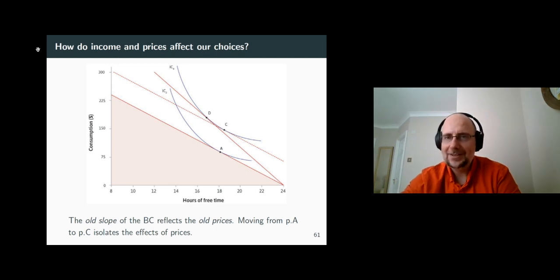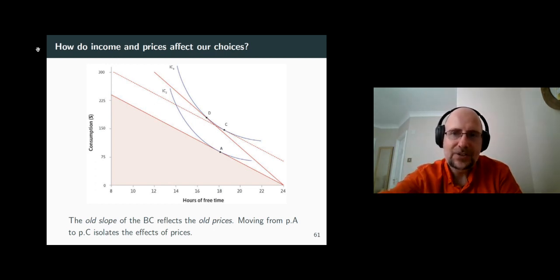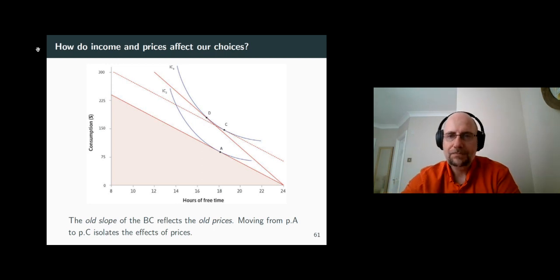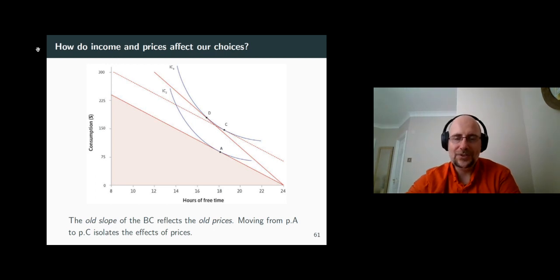But if that's the case, then at point A and point C, 1 hour of free time costs exactly the same amount of money. In other words, the prices along the two budget lines are the same. But if prices didn't change, then the only difference between point A and point C is the purchasing power of the consumer. In other words, the only difference between the 2 points is the income that the consumer has.